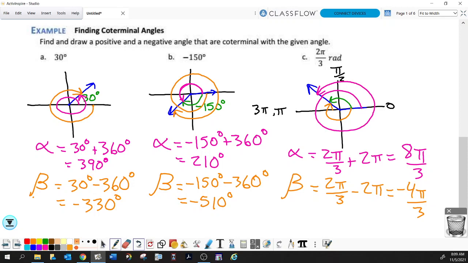The orange arrow is me showing you the first negative angle that lands in the exact same spot. But it's not the only one. I could keep subtracting 2 pi an infinite number of times, and I'll land in the exact same spot that orange did. Or I could keep adding 2 pi an infinite number of times, and I will keep landing in the exact same spot that the pink one did. Adding and subtracting 2 pi lands you in the same spot.